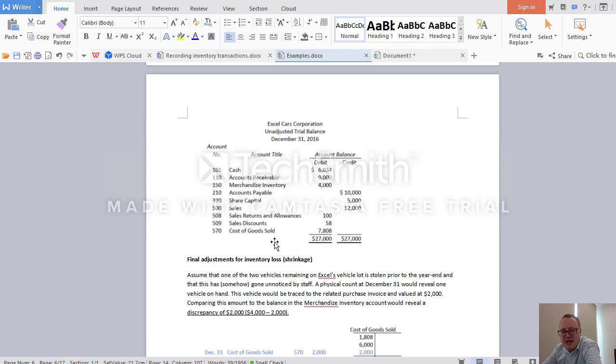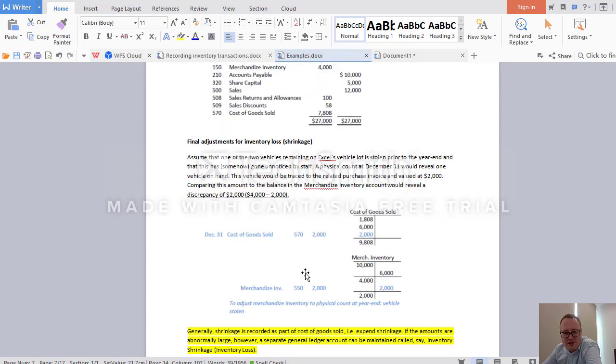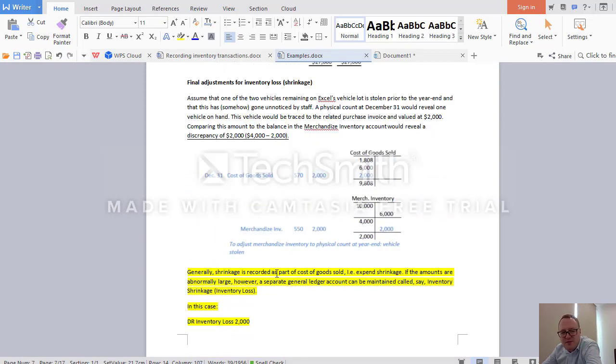But then at the end of the period you will need to make certain adjustments due to inventory loss and shrinkage. That's another name for inventory loss. So generally speaking, the shrinkage will be added to cost of goods sold. In other words, it will be expensed if it is a small amount.